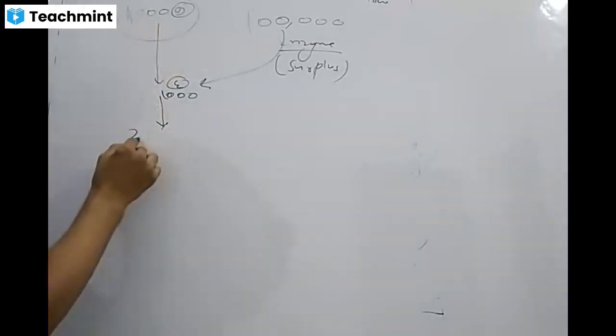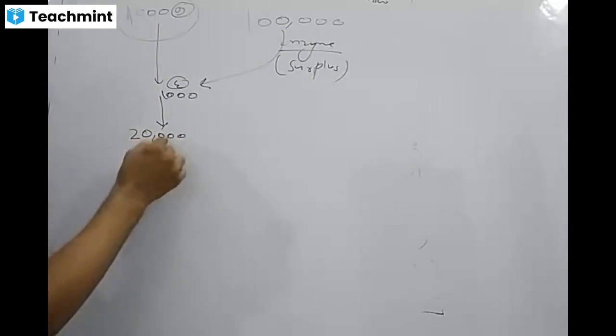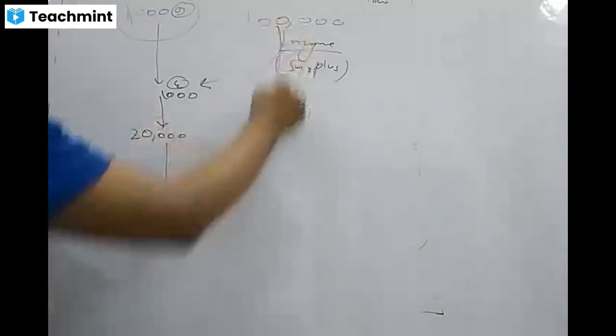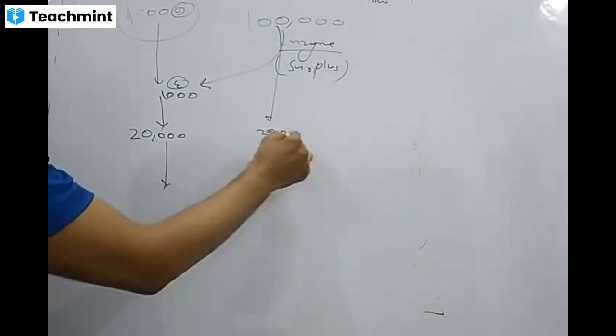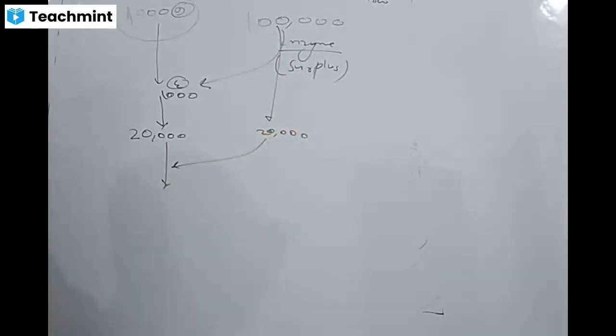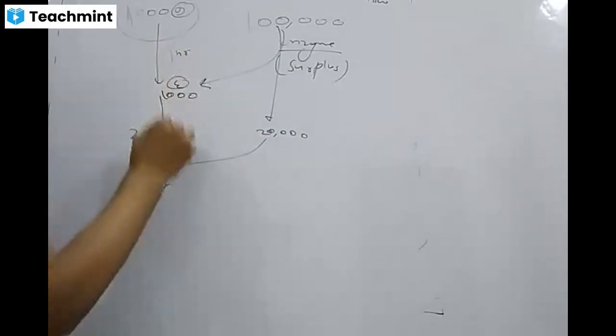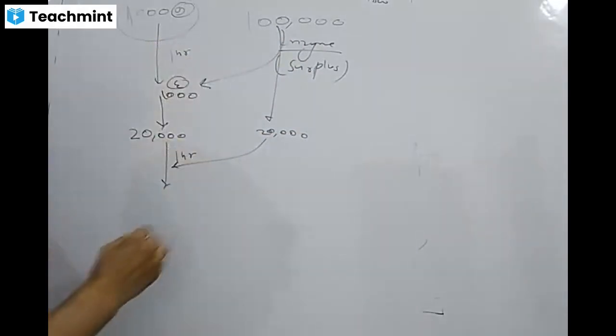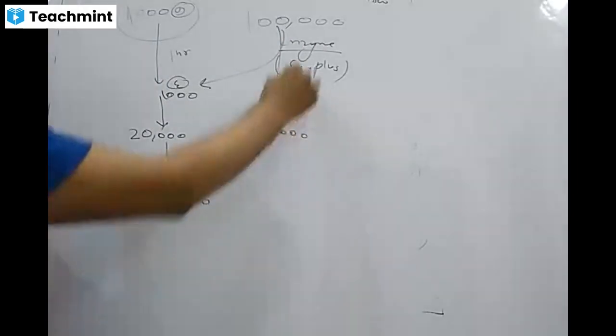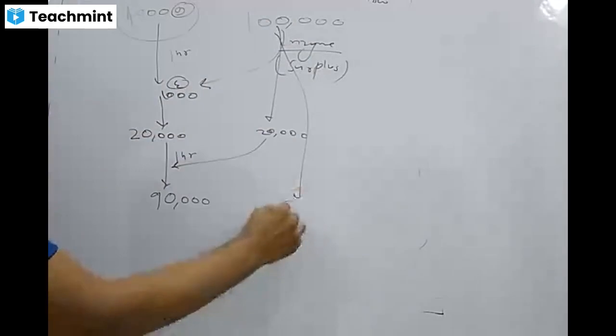If I increase the dose to 20,000, then again 20,000 enzymes will come. They will metabolize this within 1 hour. If I increase the dose to 90,000, again we have surplus enzyme.